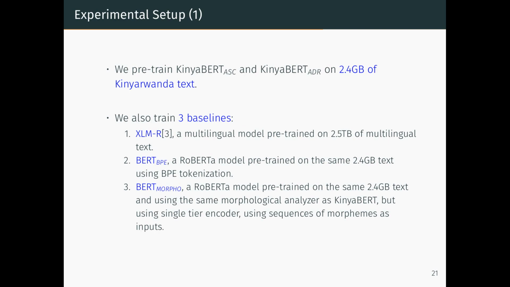We pre-train KinyaBERT on about 2.5 gigabytes of Kinyarwanda text and compare it to 3 baseline models. One is a multilingual model called XLMR that is trained on a large text corpora made of multiple languages. The other 2 baselines are pre-trained on the same Kinyarwanda text using either the byte pair encoding algorithm or morphological analysis without using the two-tier transformer encoder architecture.